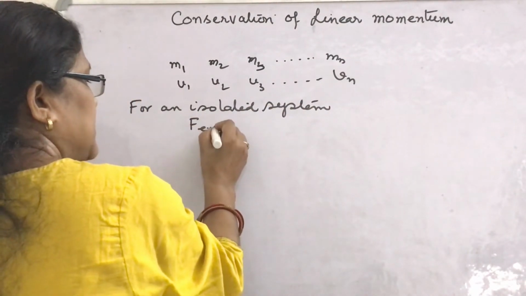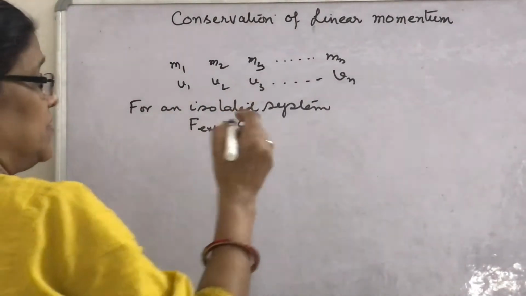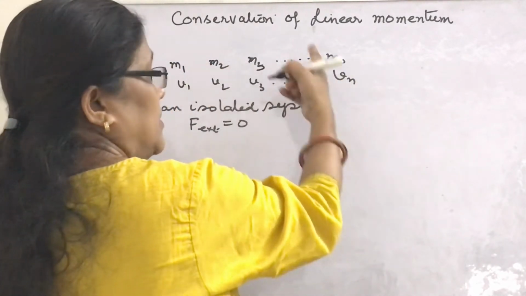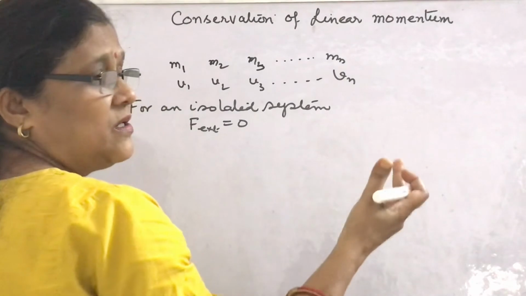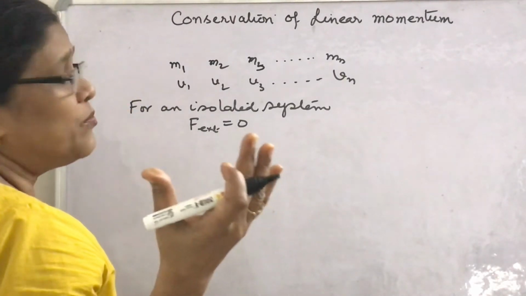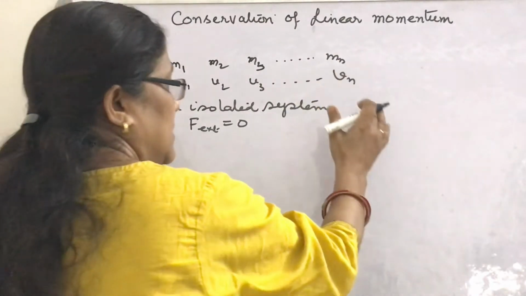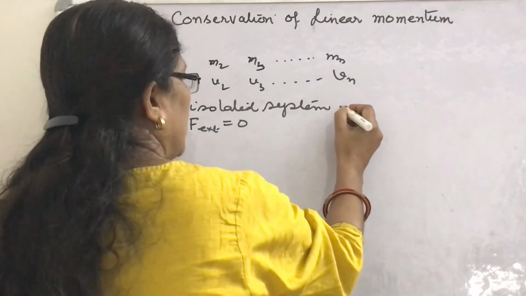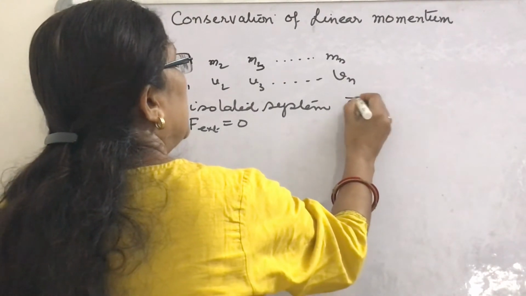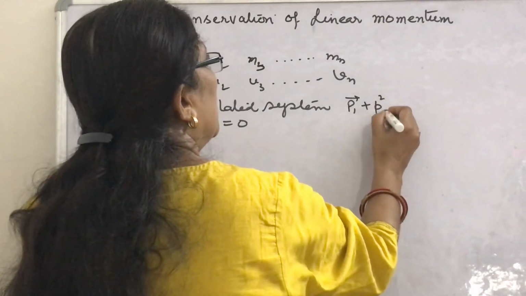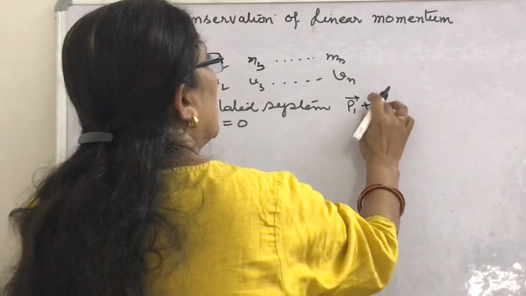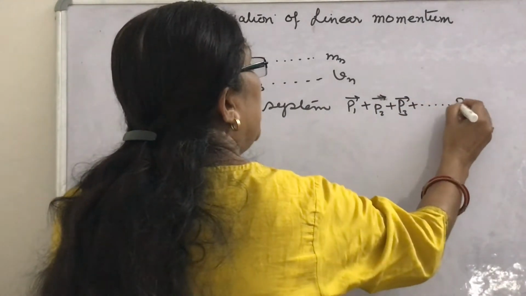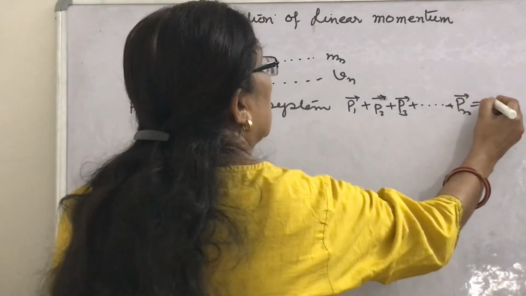That is, F external is 0. There is no external force. The vector sum of the linear momenta of all particles, that is, the linear momentum of the system, is conserved. Conserved means it remains constant. Then how will you write this? P1 plus P2 plus P3 plus dash dash dash Pn equal to constant.